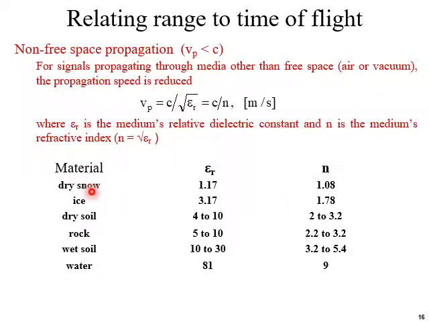If you consider dry snow, the relative permittivity is 1.17, corresponding refractive index is 1.08. For ice it is 3.17 and corresponding n is 1.78. For water, epsilon r is nearly 81, so corresponding refractive index is almost 9. So accordingly the corresponding Vp will change and you have to adjust the range according to the property of the material.